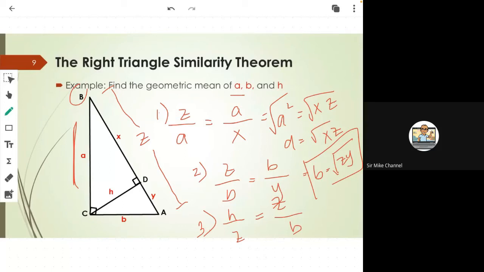No, another answer? Another answer for number 3. Galicia.